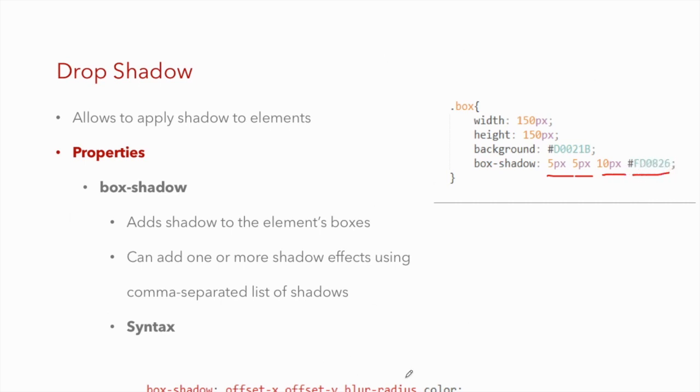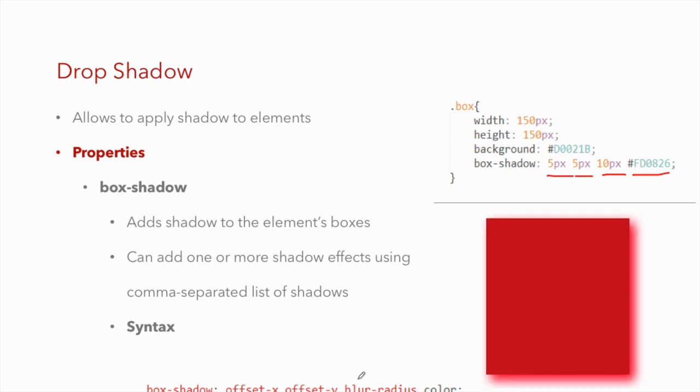Blur radius is basically the amount in which the shadow will be spread. It will have a blurry effect so that it looks like a shadow. So this is the output. This is your HTML box, to which we have added this particular shadow.